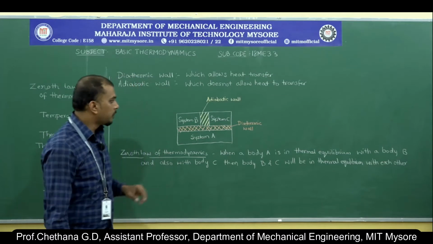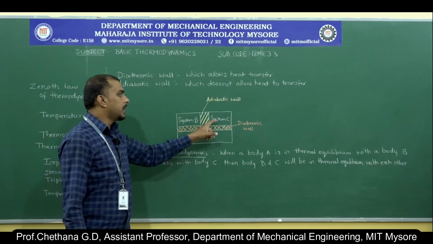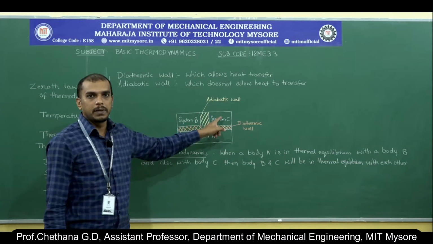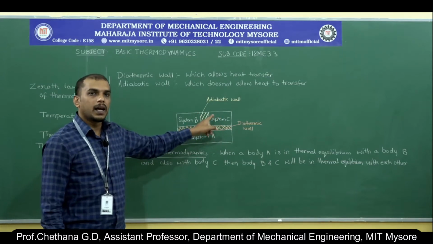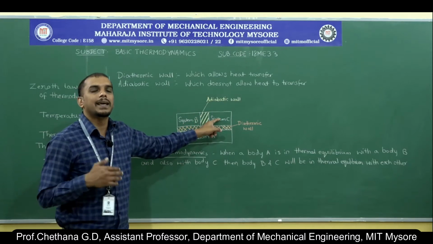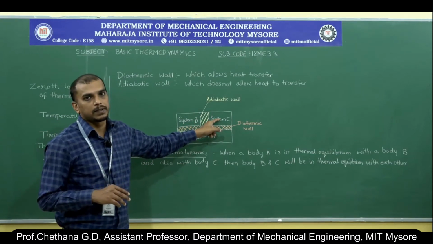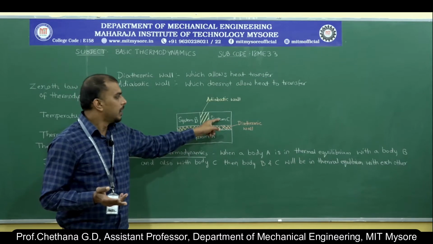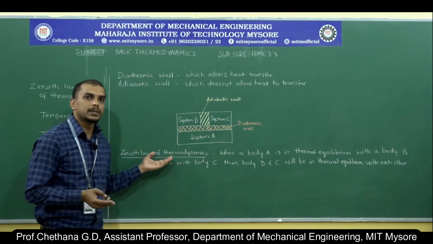That means even without bringing B and C into contact, you can say that they are in thermal equilibrium, or at the same temperature. So, this is the law, which is very simple.